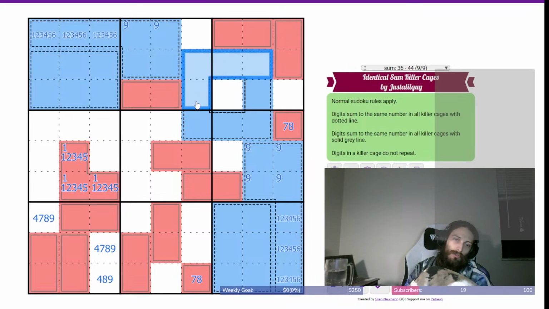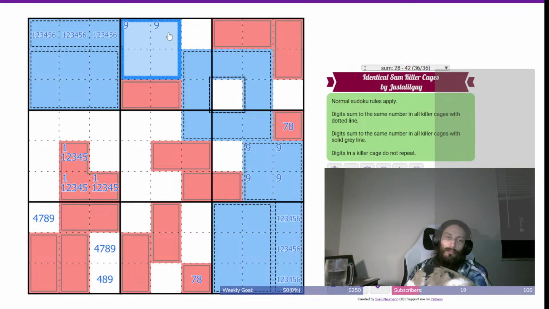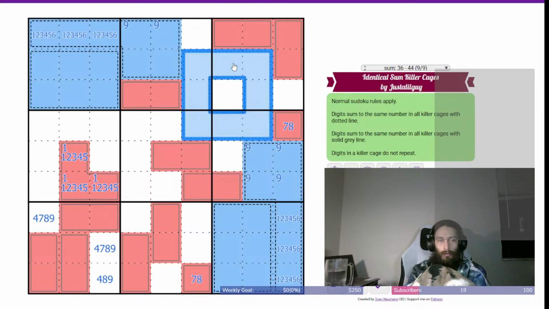And if this is ultimately missing 9, I can be skipping out on 8 and 1. Except if I'm missing 8, or excuse me, if I'm missing 9, then those sum to 9.